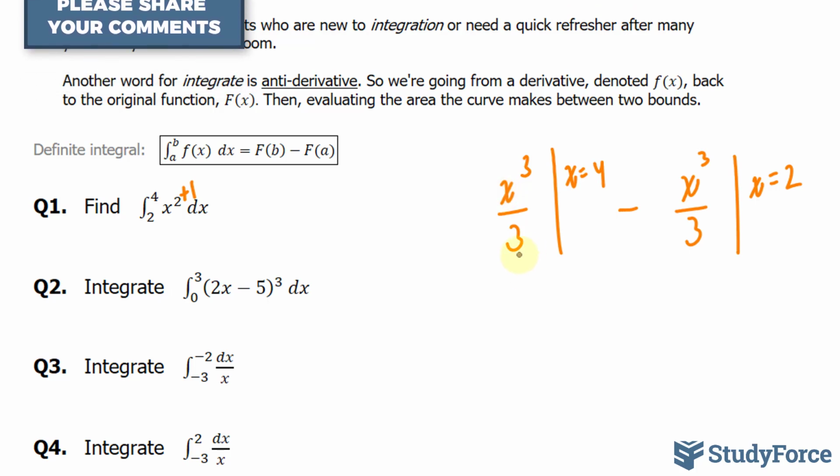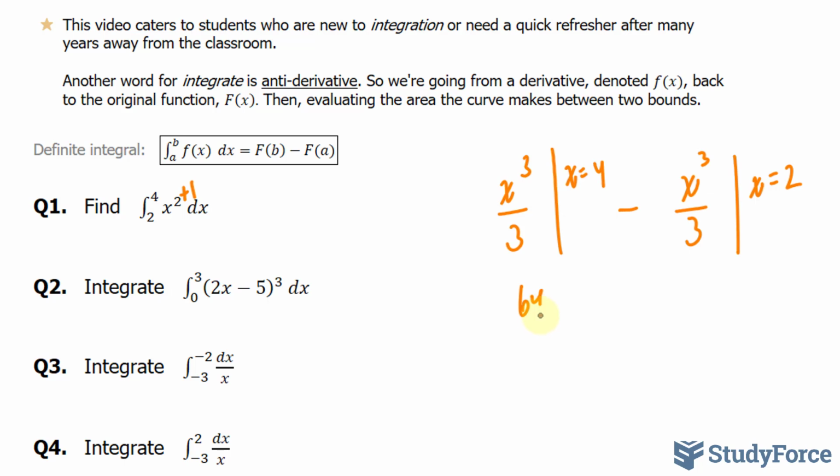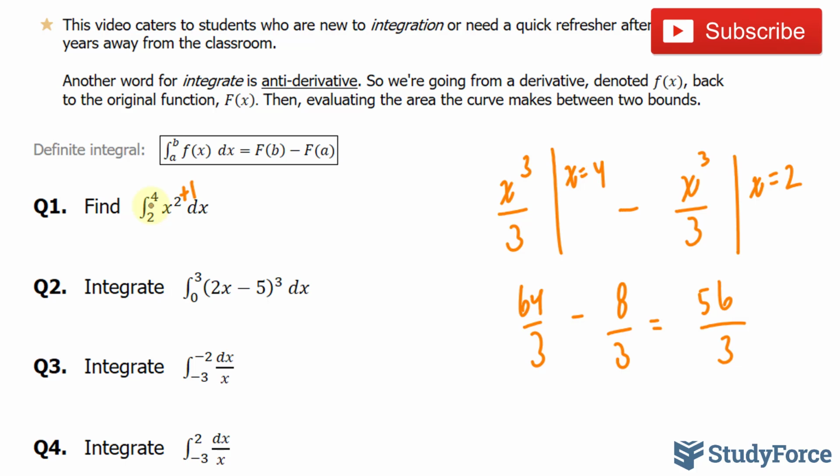Divided by 3, that doesn't reduce, so I'll just write down 64 over 3 minus 2 to the power of 3 is 8, divided by 3 is 8 over 3. The denominators are the same. So 64 minus 8 is 56. And that number represents the area for this curve between 2 and 4.